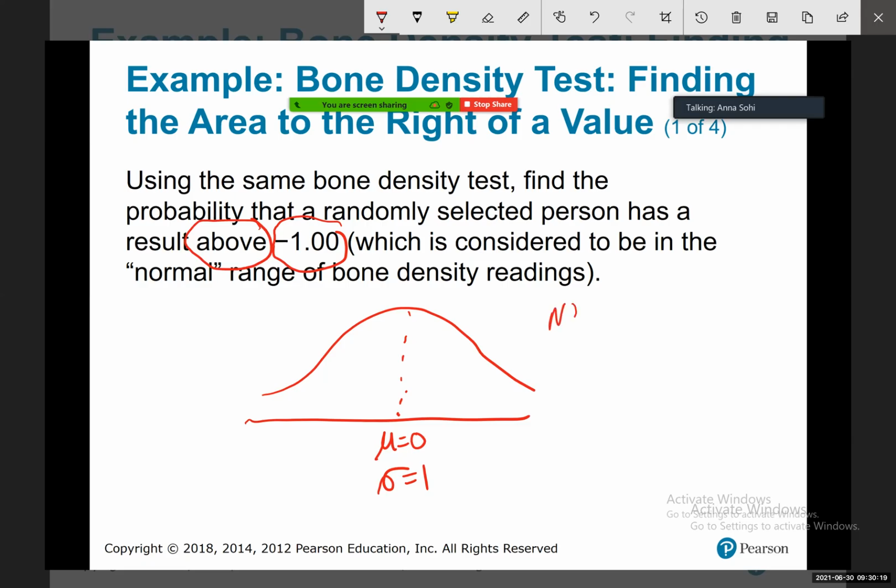Then I want you to write normal CDF of what to mu and sigma. Use your calculator and get the number out. So start with highlighting and then putting normal CDF, use your calculator, send me your answers.